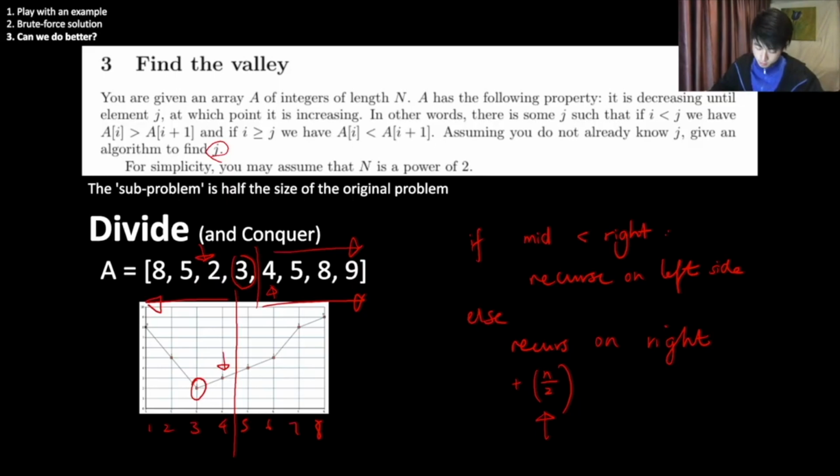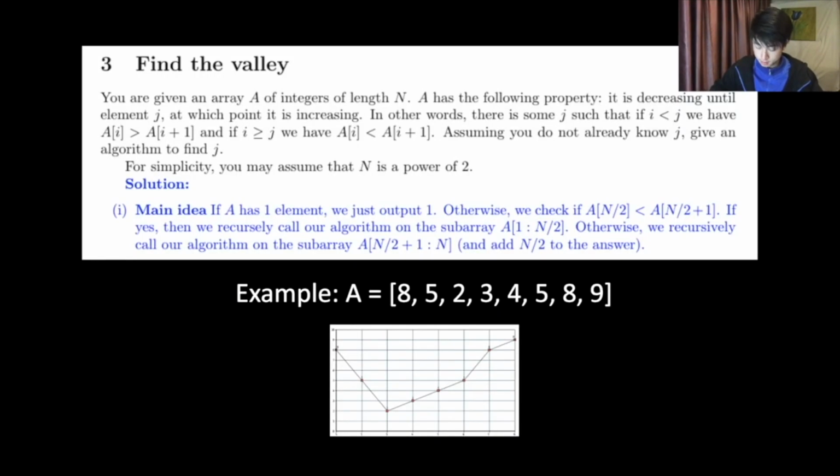Yeah, so that's the thought process, and then you just formalize this into a 3-part solution. So the algorithm is that, if you have one element, you just output that element's index, since it's asking for indices. Otherwise, check this condition.